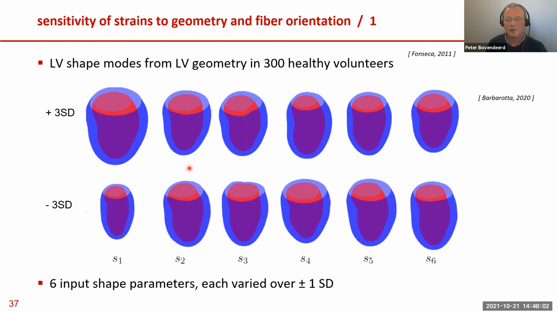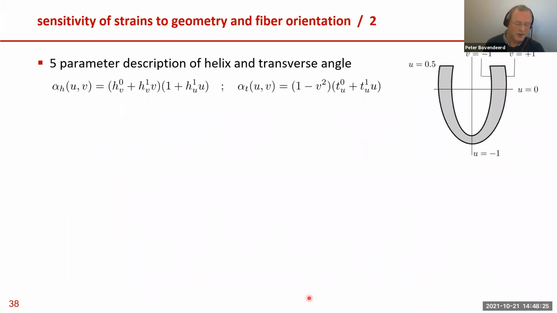And what Luca in the end did is create 1,000 models with different shapes, and the shapes were defined by variations according to these shape modes, and he varied the geometries over plus or minus 1 standard deviation. Luca also looked at sensitivity to fiber orientation.